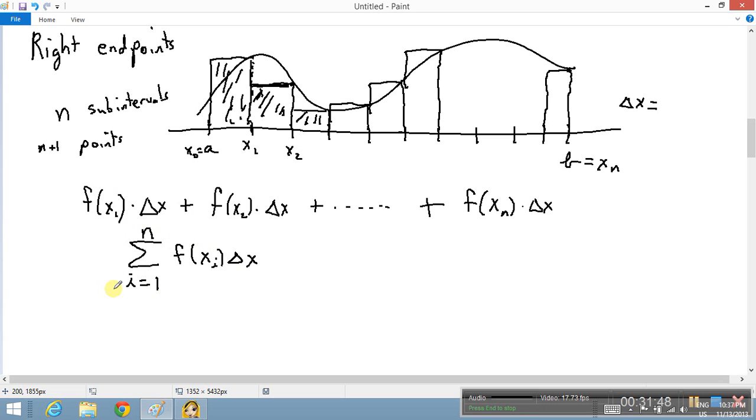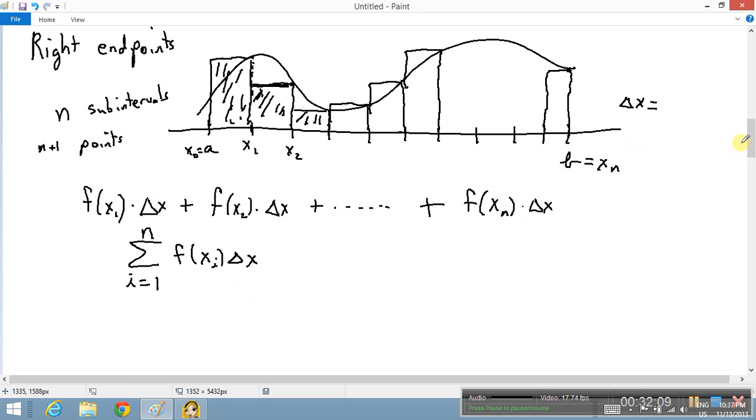Now, I've done this. This is an approximation using right endpoints. If I chop the interval up into more points, I will have a better approximation for the area under that curve. Now, there's no reason why I have to restrict myself to left endpoints or right endpoints.